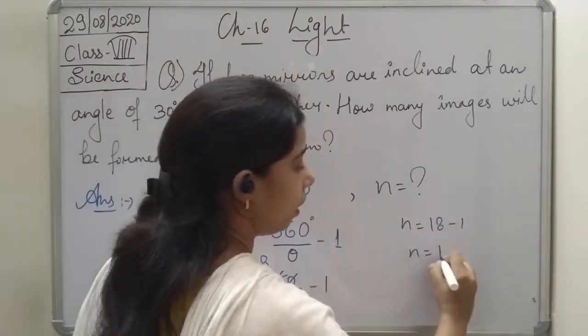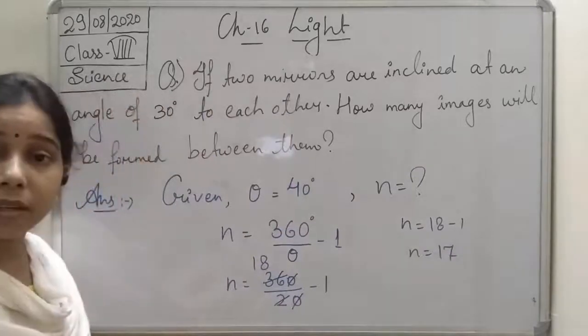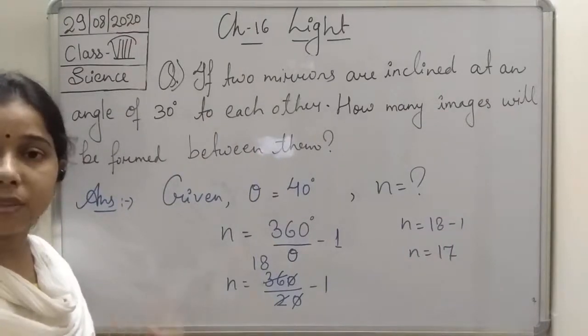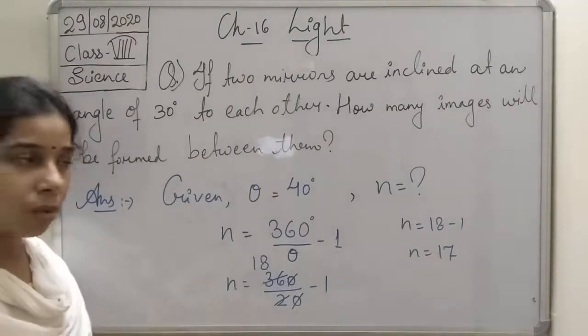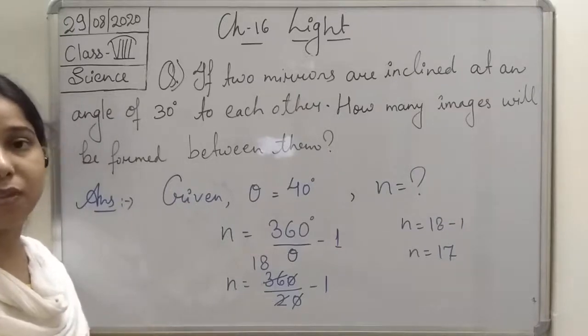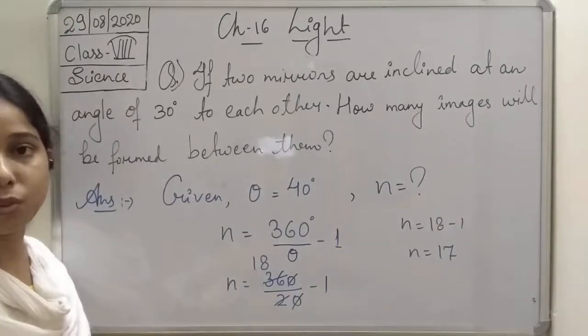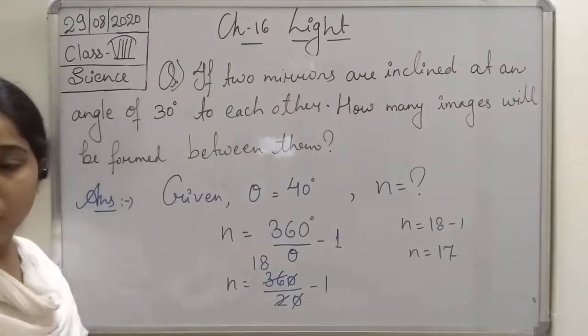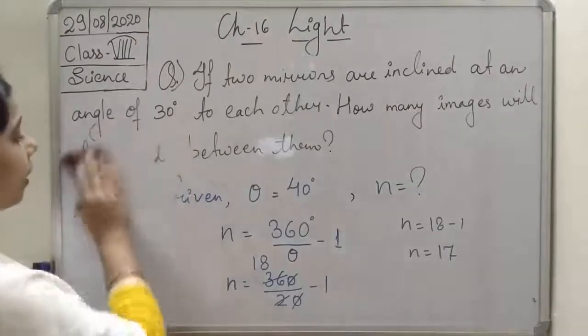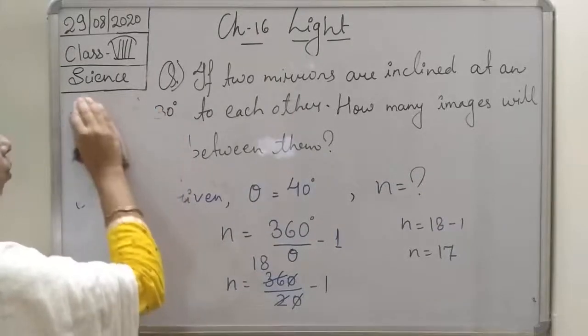So n will be 17. So you see here students, as we continuously decrease the angle between the mirrors, the number of images is continuously increasing. If the images are increasing, it is because of the decrease in the angle between the two mirrors.